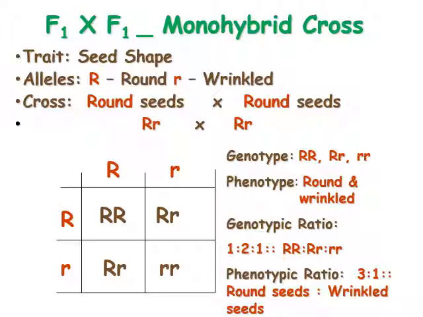And the phenotype, of course, would either be round or wrinkled. But when we talk about the genotypic ratio, we get 1:2:1 such that capital R capital R is to capital R small r is to small r small r, while the phenotypic ratio is represented as 3:1 such that round is to wrinkled.